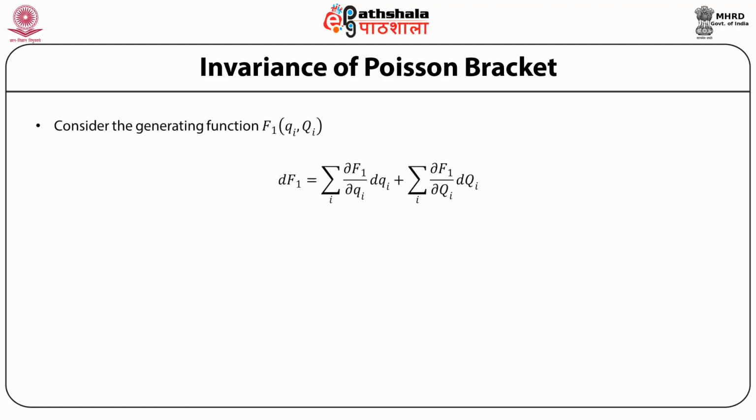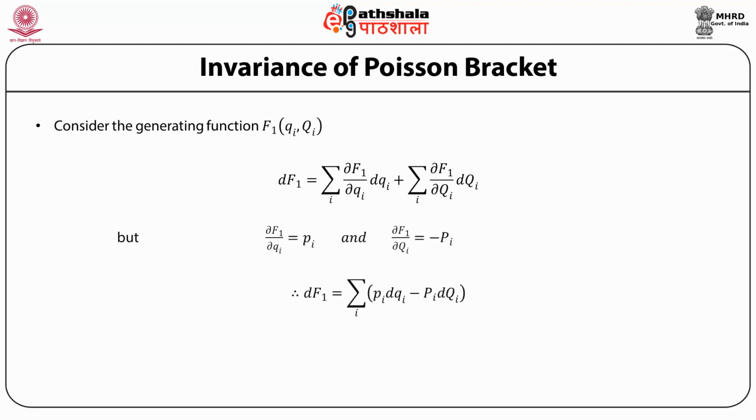Let us consider the generating function F1, which is a function of the old and the new coordinates. Then the differential of F1 by the chain rule is the sum of the partial derivative of F1 with respect to the old coordinates qi into dqi, plus another sum of the partial derivative of F1 with respect to the new coordinates into dQi.